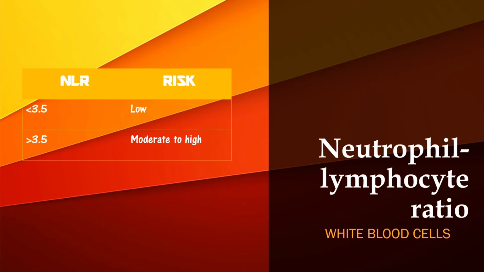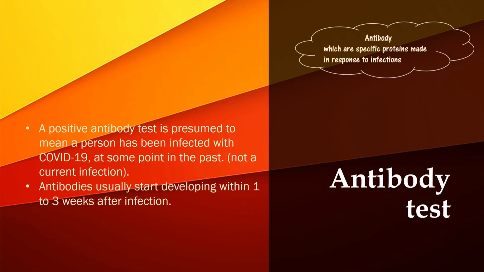So the next test is antibody test. Antibodies are specific proteins made in response to infection. A positive antibody test is presumed to mean a person has been infected with COVID-19 at some point in the past. That doesn't indicate a current infection. Antibodies usually start developing within 1 to 3 weeks after infection. This antibody test result should not be used to diagnose someone with an active infection.